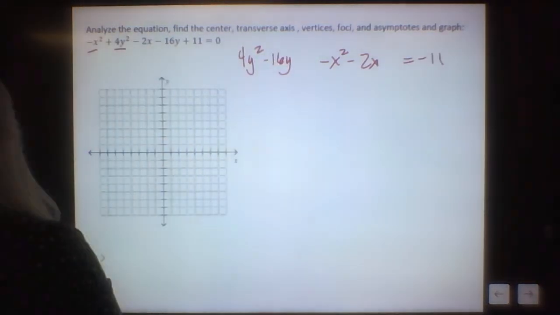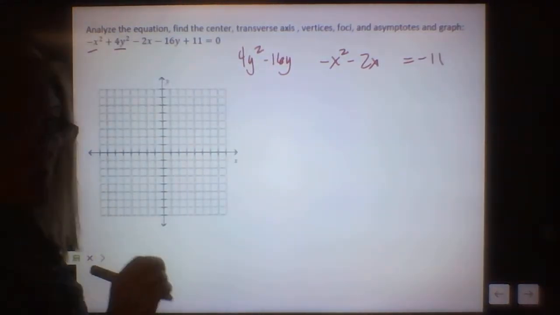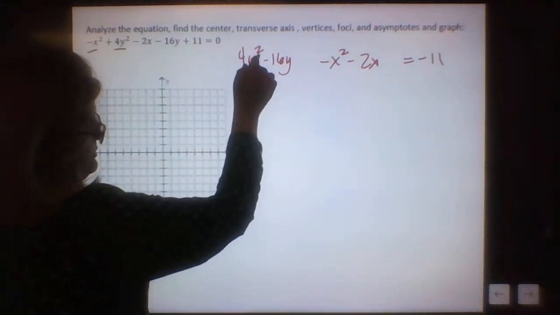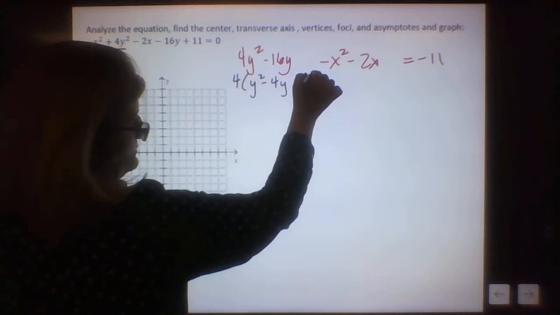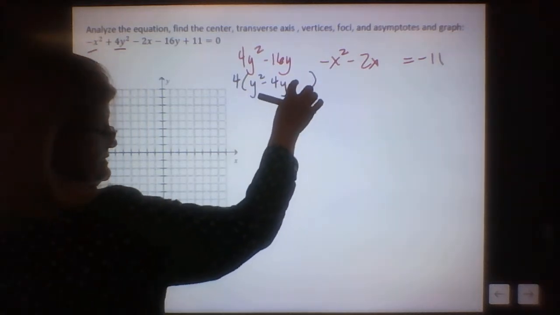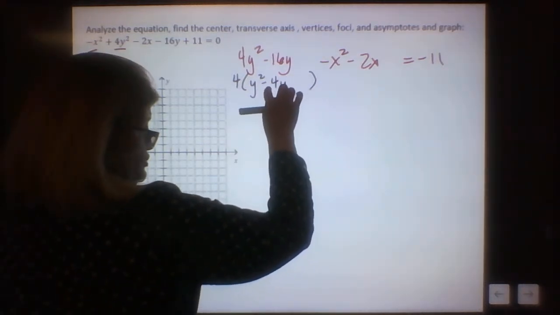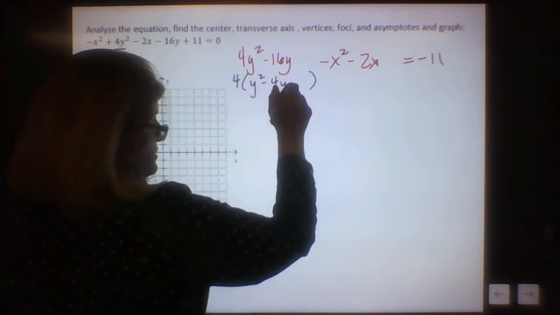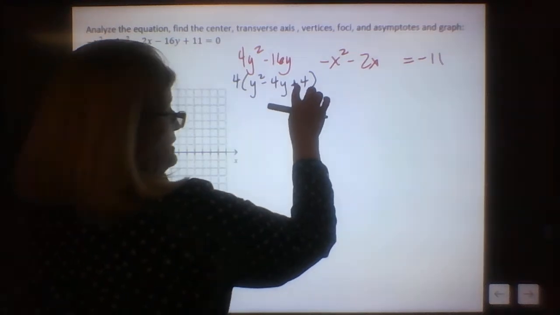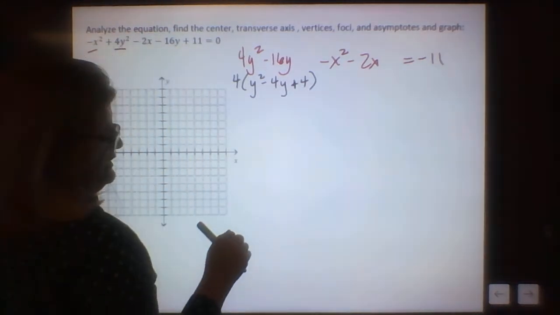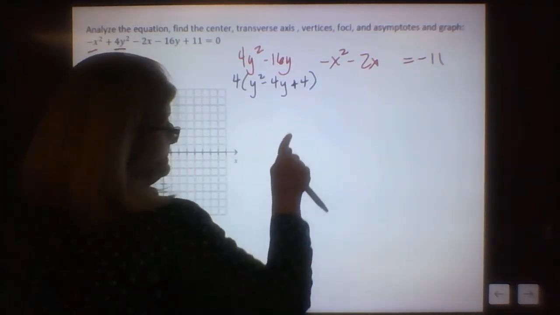Okay, so now I am going to watch closely. I'm going to pull out the 4. Okay, and I need something to go here. Half of 4 is 2. 2 squared is 4. So I'm going to add 4 to this. But it's not 4.